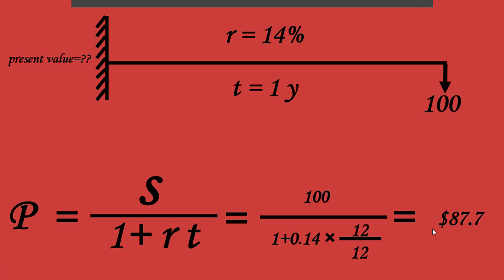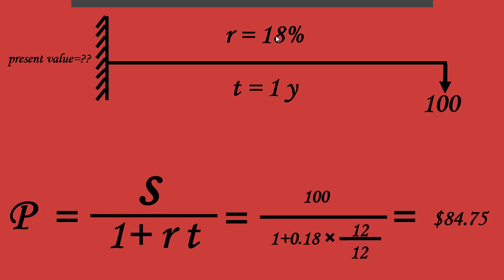Secondly, R equals 14%. In the same formula, B equals S divided by 1 plus RT, B is $87.7. Note that R here equals 14%.